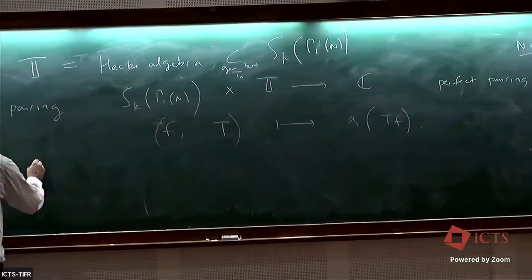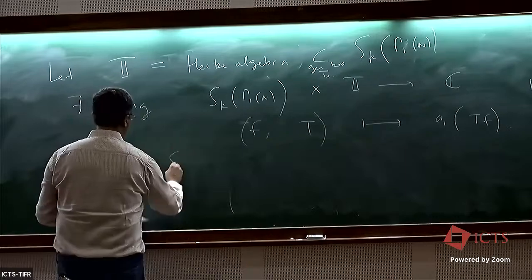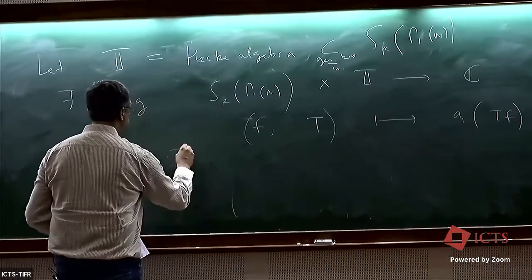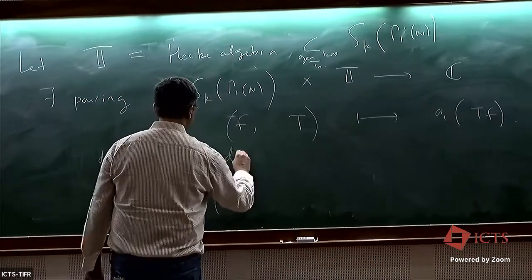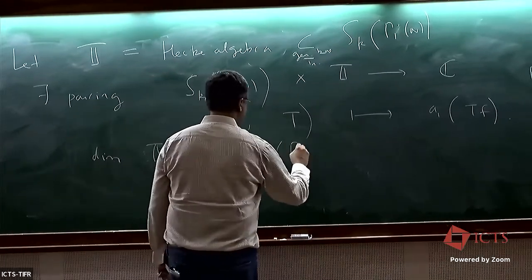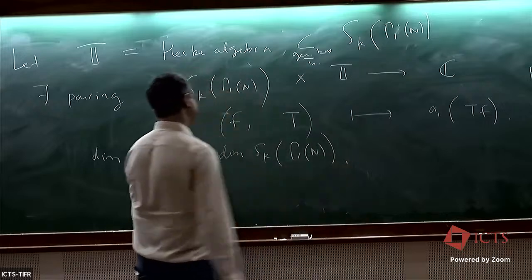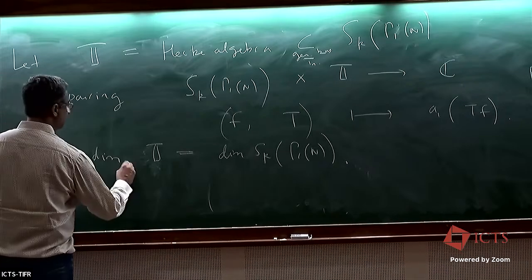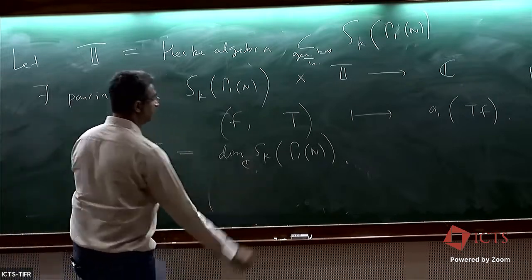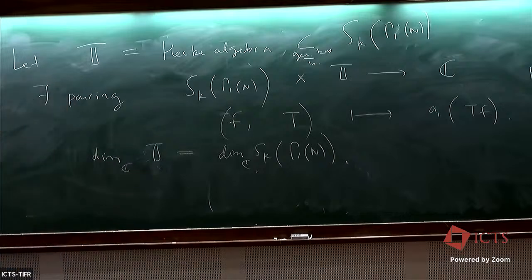So the dimension of T is equal to the dimension of S_k(Gamma_1(N)). Even though it's a subalgebra of the matrix algebra, which has dimension n squared, if n is the dimension of S_k, it's just n dimensional.